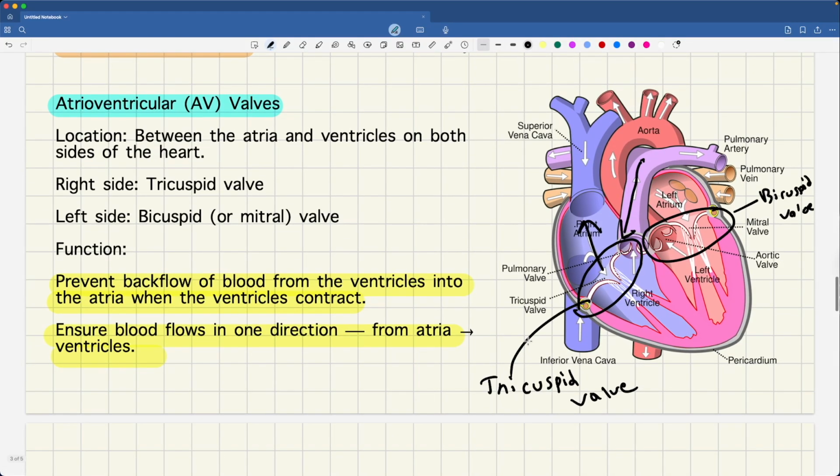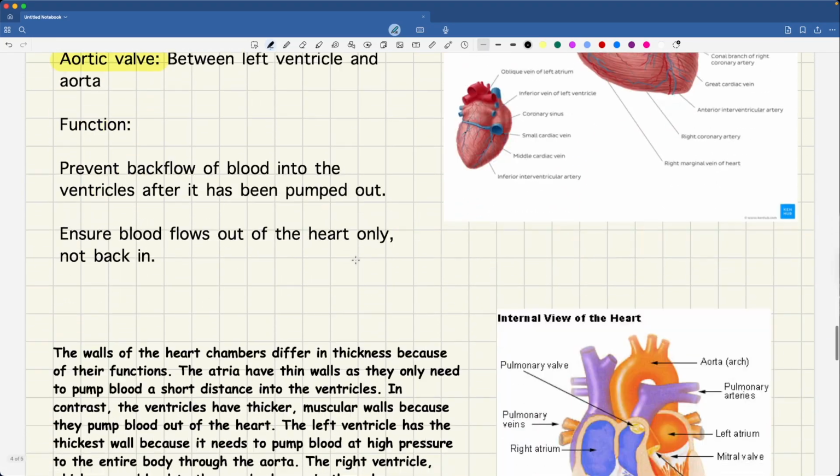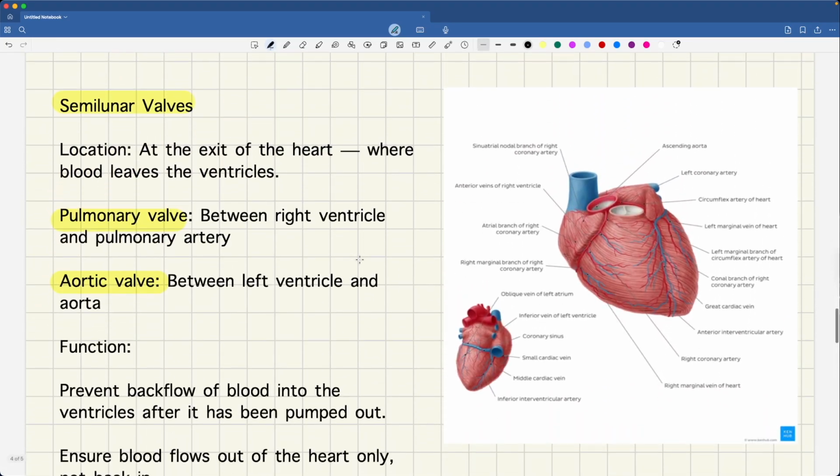These are the valves that ensure blood can flow in one direction. Now we have our last, not the least, thing.